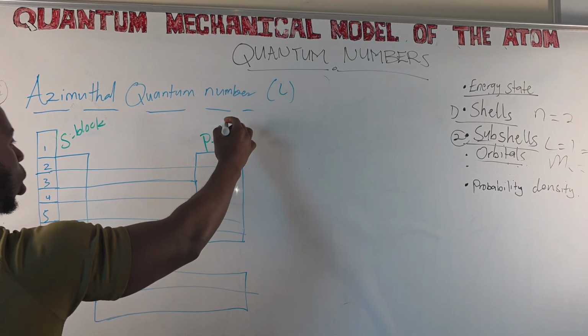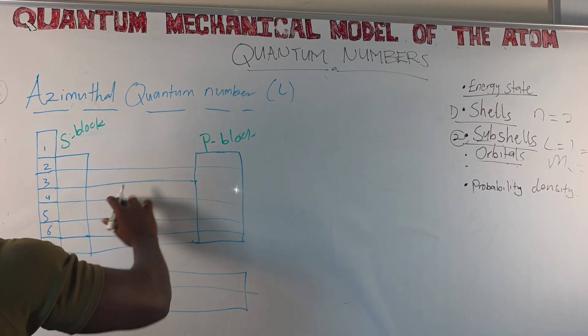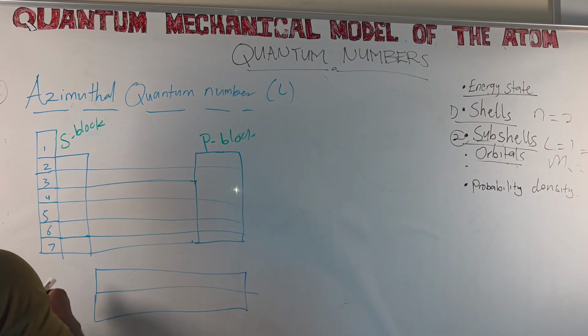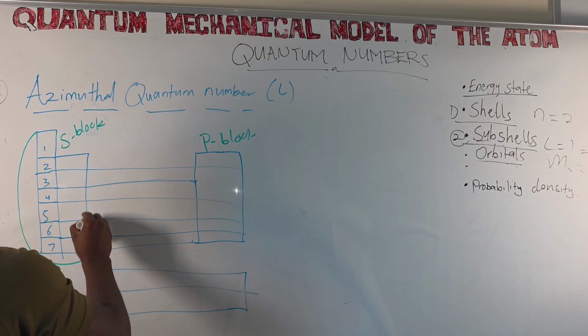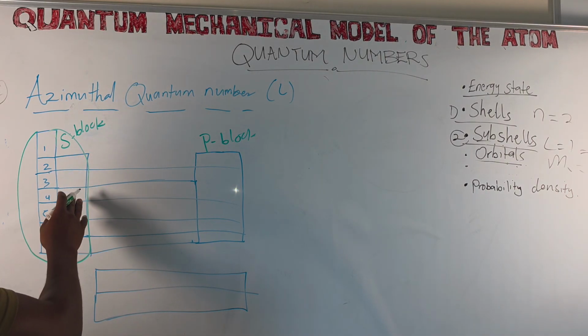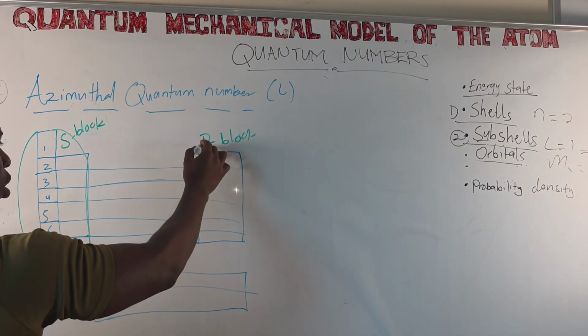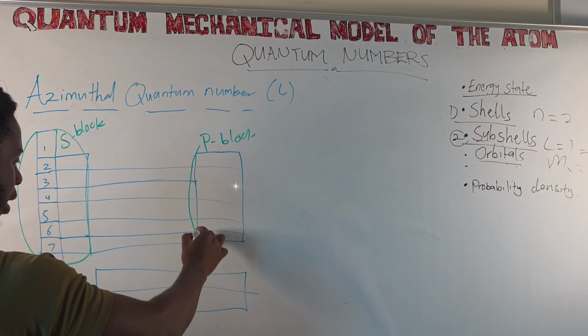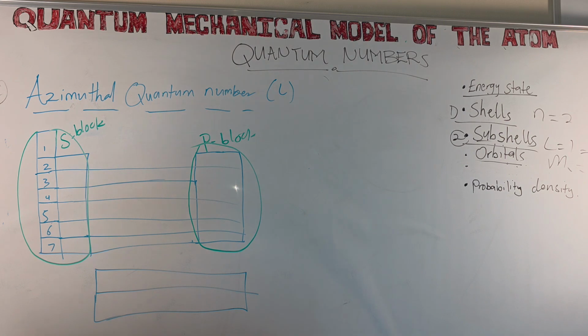So talking about the alkaline earth metals and the alkali metals, they are all the S block. And when you come here, all of this is the P block. So all your halogens, your semi-metals, your noble gases, they are all in the P block.